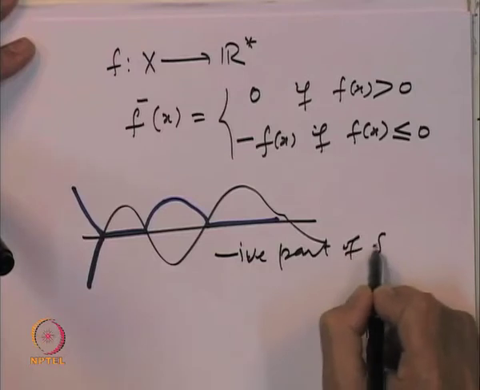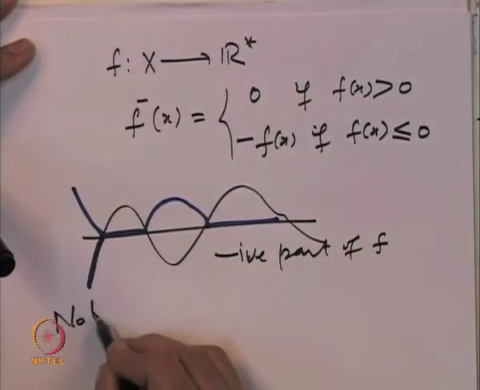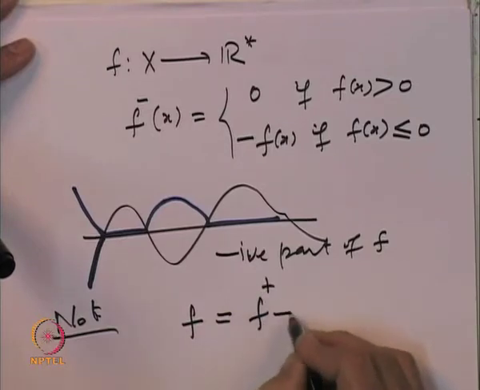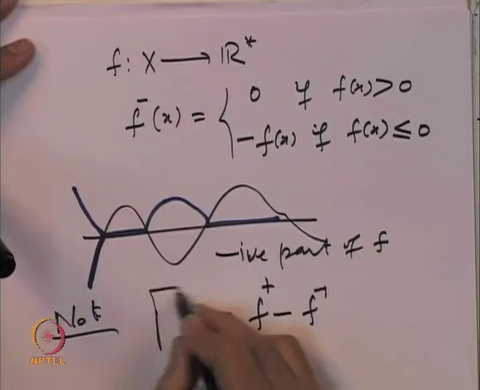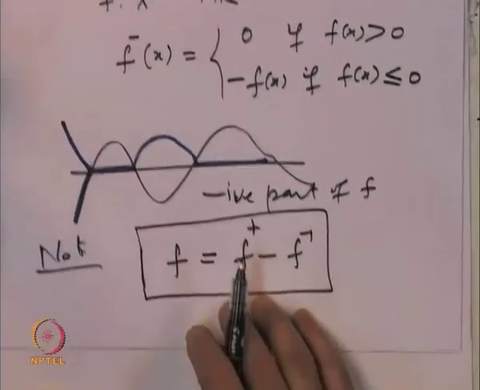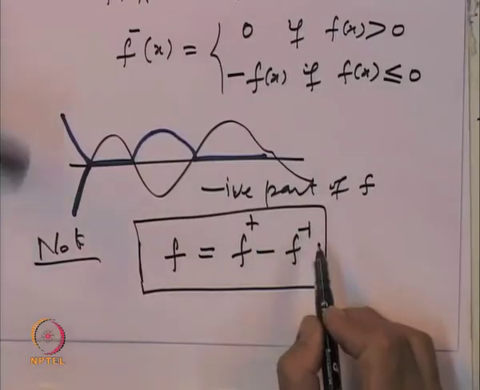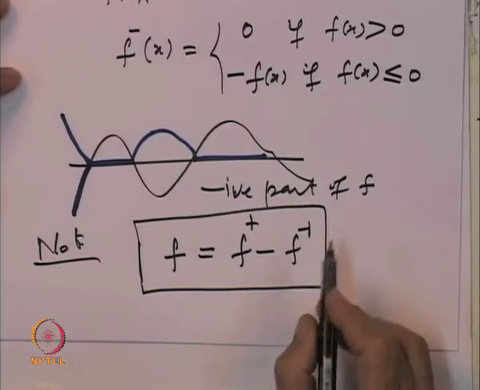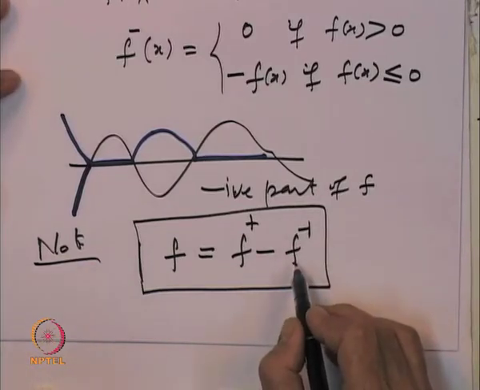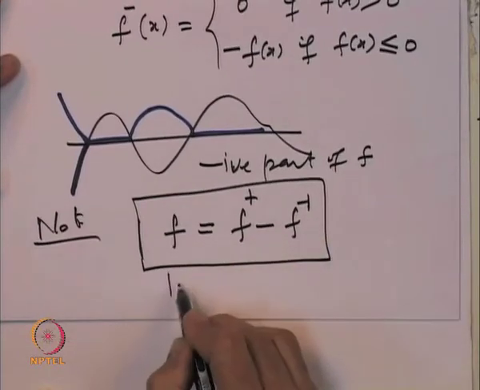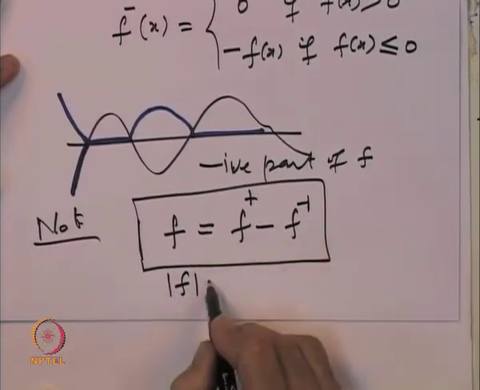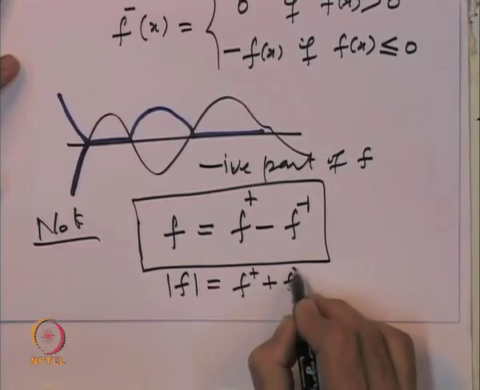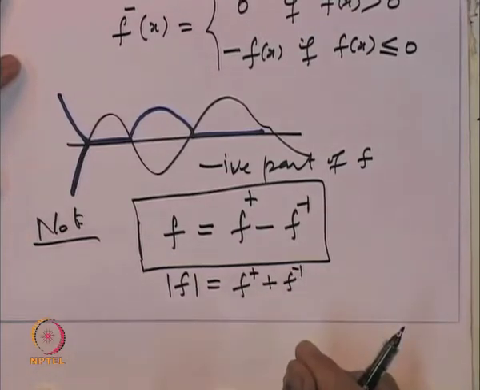Let us observe that the function f is written as the positive part minus the negative part. Every function can be represented by its positive part and negative part, and both these functions are non-negative functions, and mod of f can be written as f plus plus f minus.